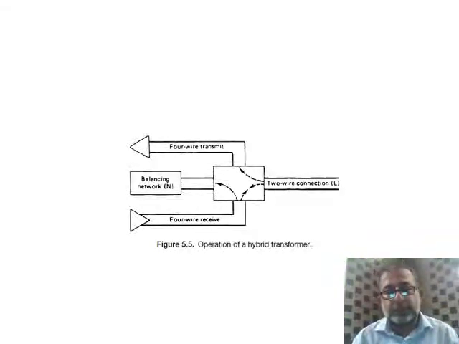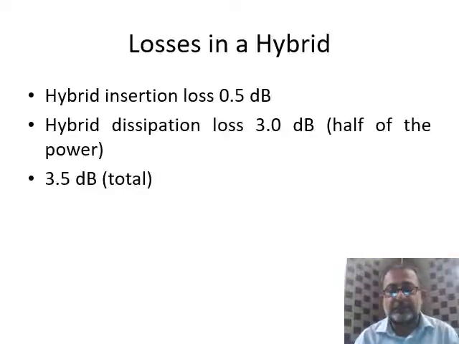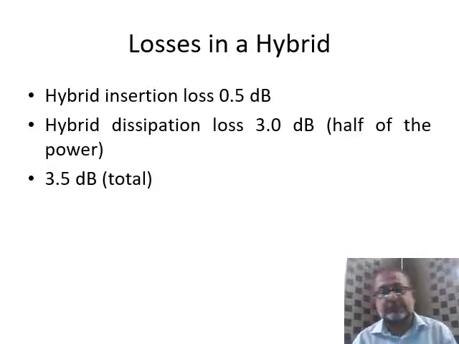We have got a hybrid transformer in the middle, and the two-wire connection or the L side is coming in, and it is being converted into two paths, one incoming path and one outgoing path, and it is being balanced by a balancing network N, which consists of an RC network, resistive capacitive network.